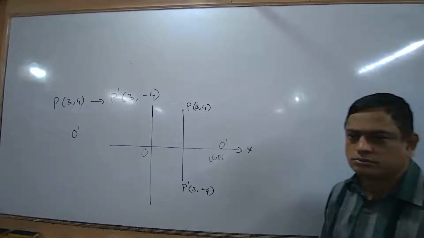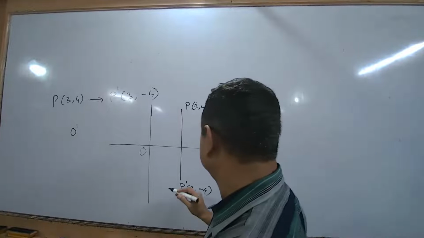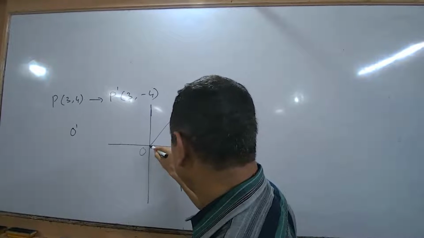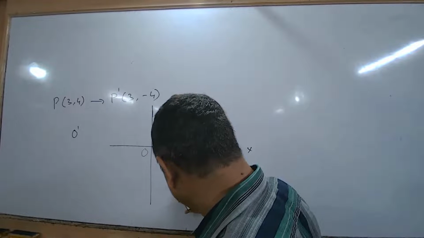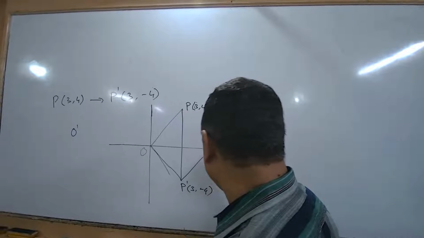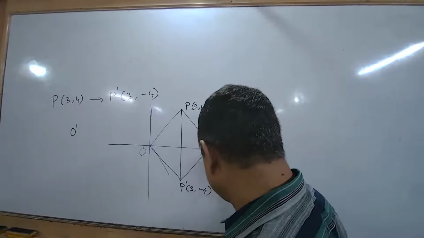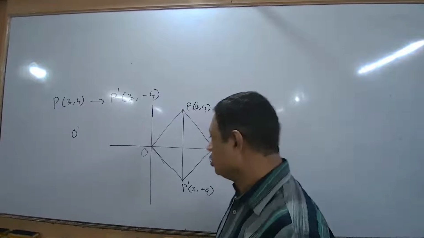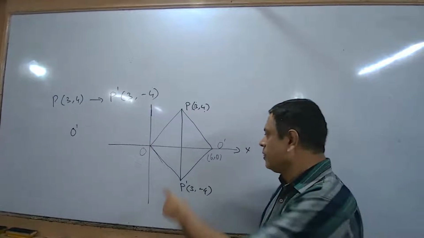Then the perimeter of quadrilateral P dash O dash. This figure is what? Diagonals are perpendicular bisectors. Understood now?